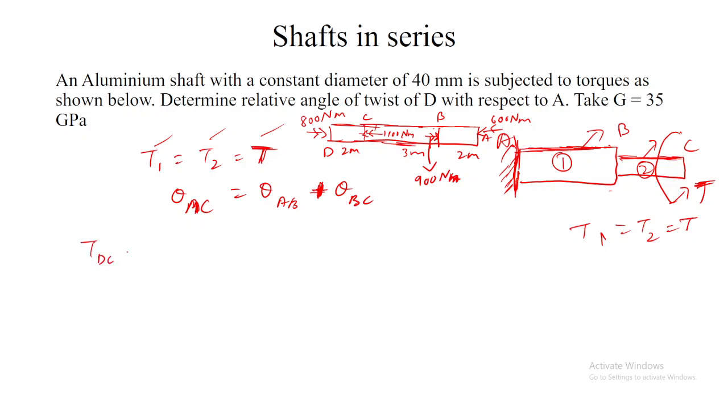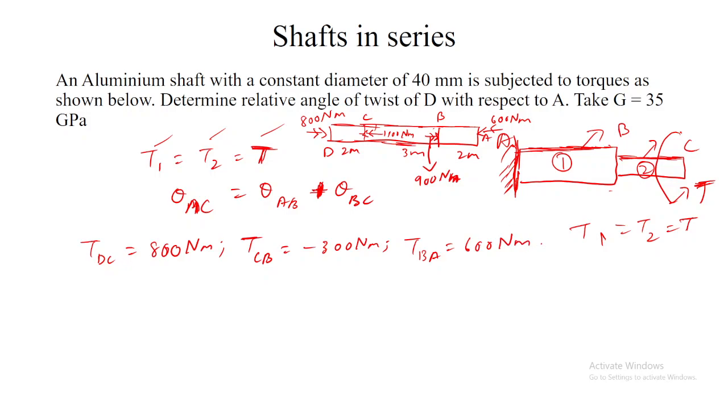Positive or negative? Positive. And what is the torque in section CB? Minus 300. And on section BA? Positive 600.